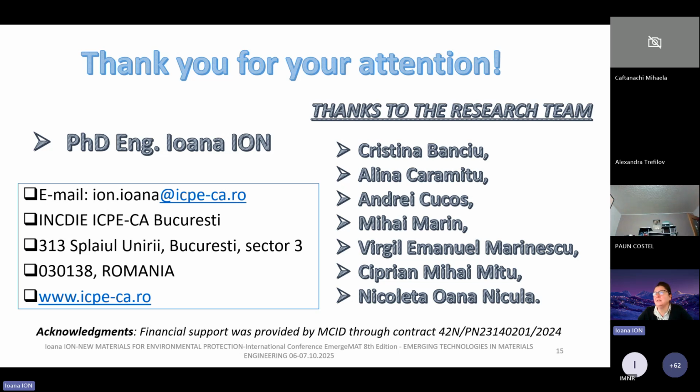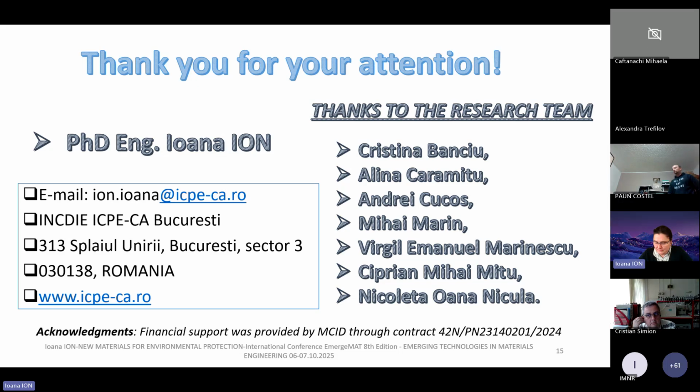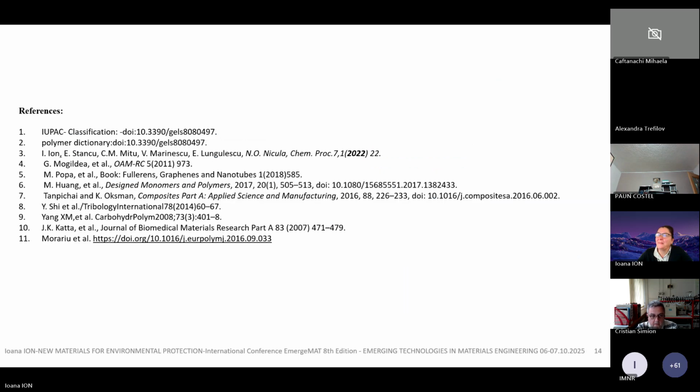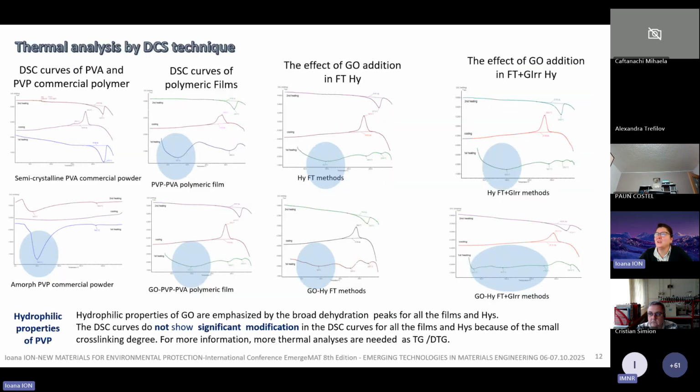Another important piece of information obtained from this work was that physical cross-linking leads to an opaque hydrogel, which is not very good in photocatalytical application. This was all. Thank you for your attention.